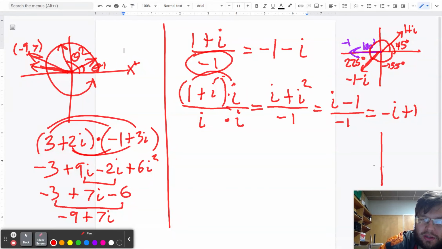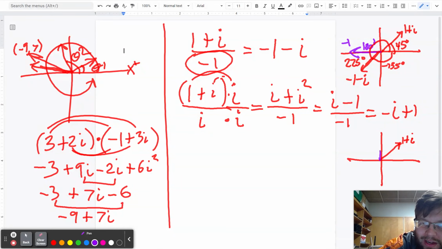Let's draw our picture and see what we've got. We started with 1 plus i. We also had i. We ended with negative i plus 1, which is right down here, because that's the same as saying 1 minus i.